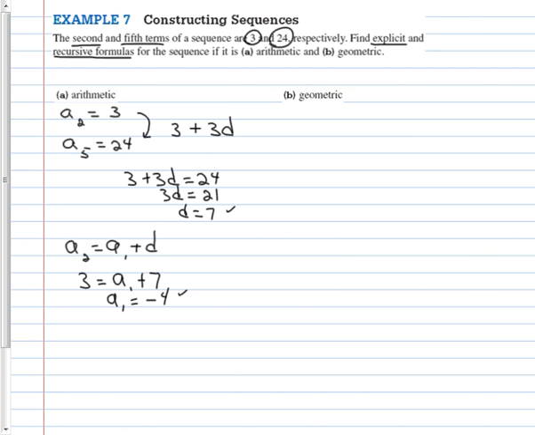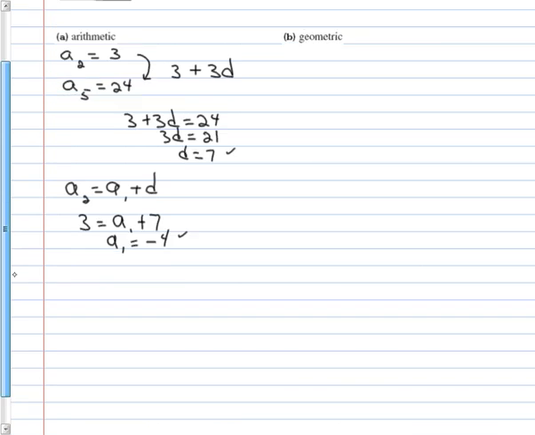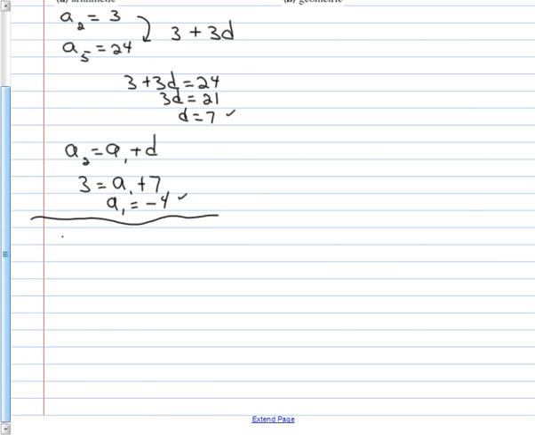So let's write an explicit rule. An explicit rule is a sub n equals a sub 1 plus n minus 1 times d. For an arithmetic one, that's my specific explicit rule. So to get any term, the first term, which we figured out was -4, plus n minus 1 times our difference, which we figured out was 7.